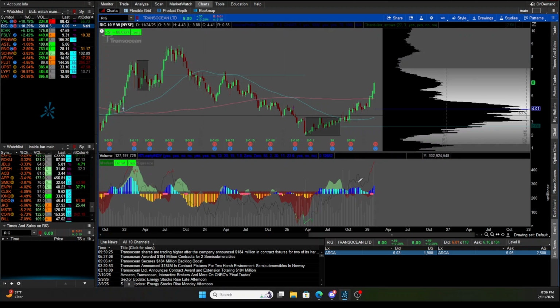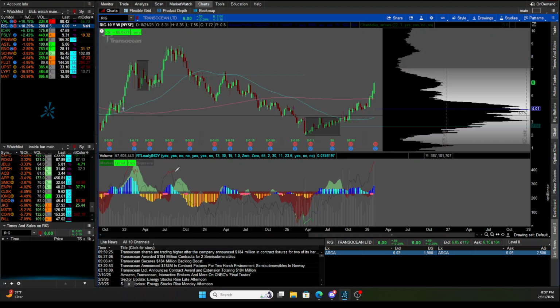You can highlight it. I have it highlight when you get to the level, and arrows when you get back into the middle of the zone, so to speak. So when it breaks out of overbought or oversold conditions, that's what the arrows are there for, and the color is for when it is in that overbought or oversold condition.